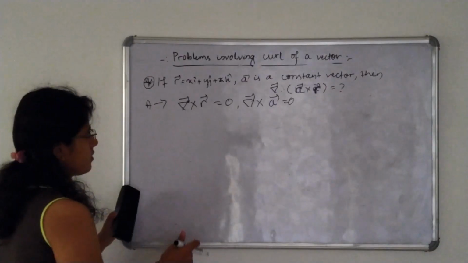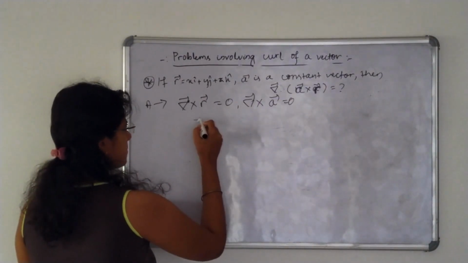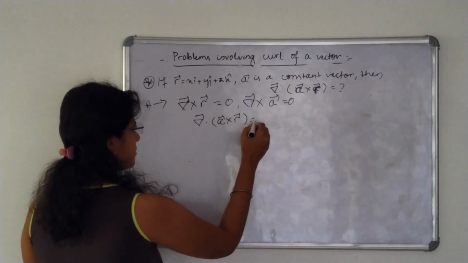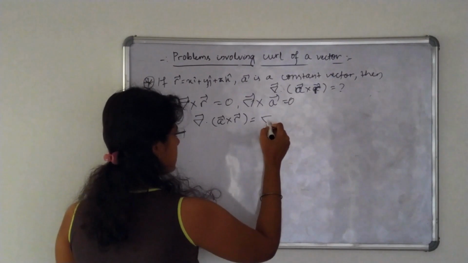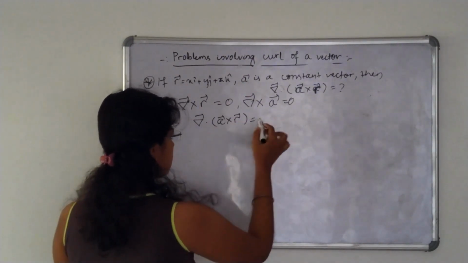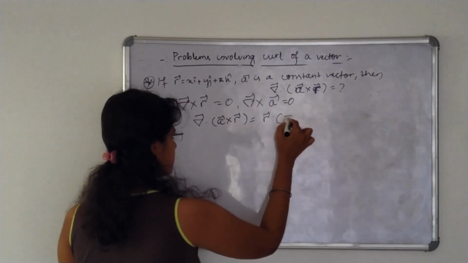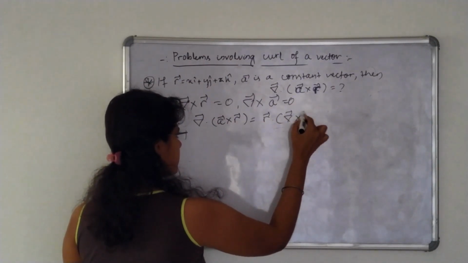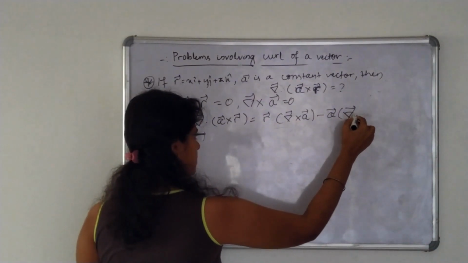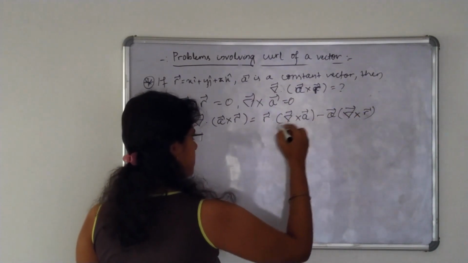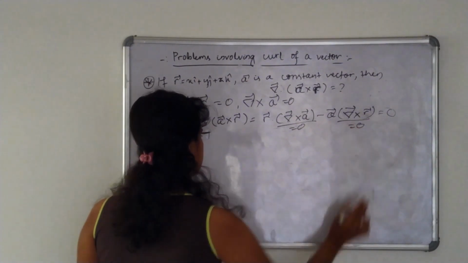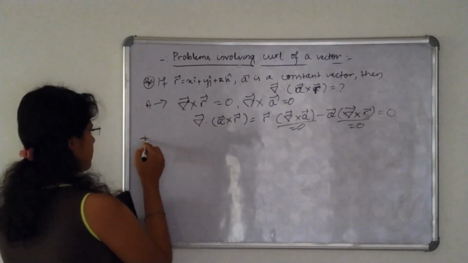Okay. So then if you open up the bracket here, then you can see from the previous example, the value of this is r dot curl of a minus a dot curl of r. So this value is 0, this value is 0, and the total term is also 0.